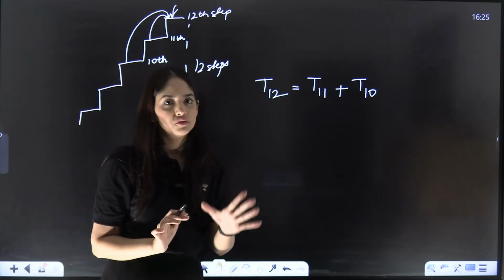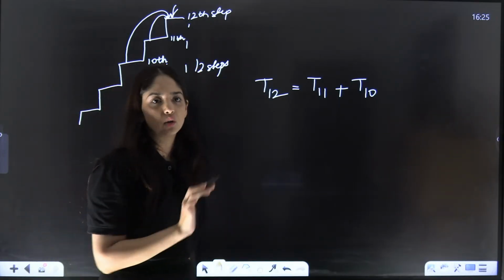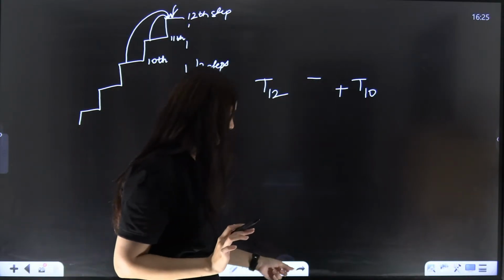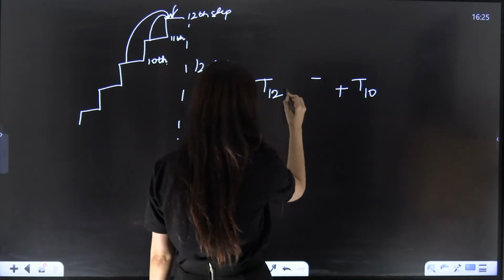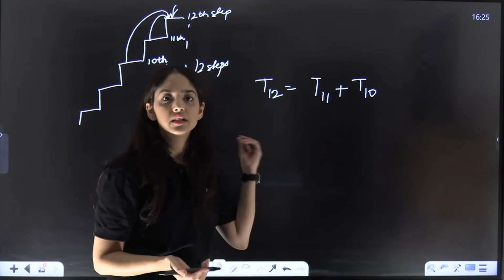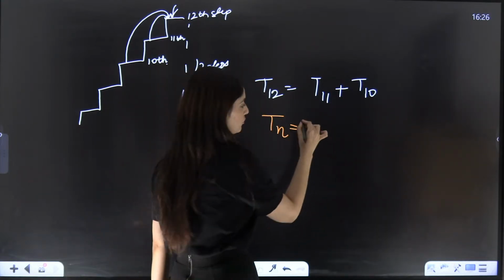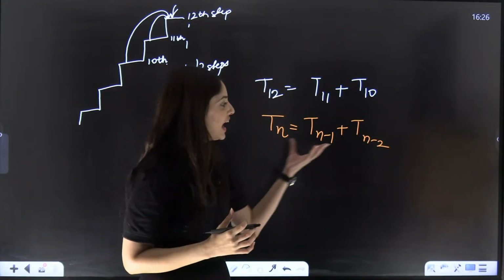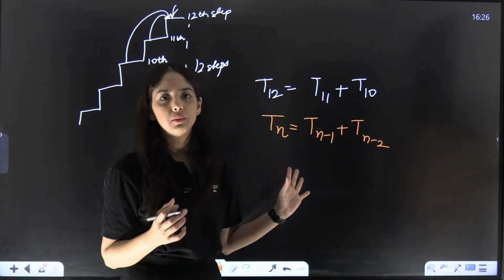So there's exactly one way of reaching 12th step from 10th directly. Okay, so that will be true for any step. For nth step, it can either come from n minus 1 or it can come from n minus 2, and we will add all the possible ways of reaching this or this, and then this will be the total number of ways of reaching nth step.